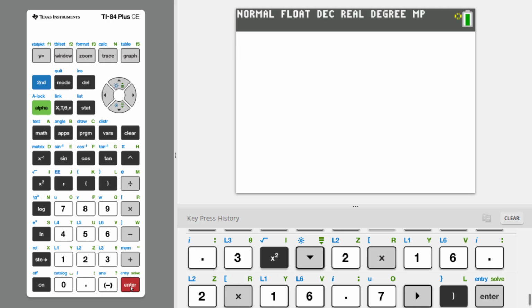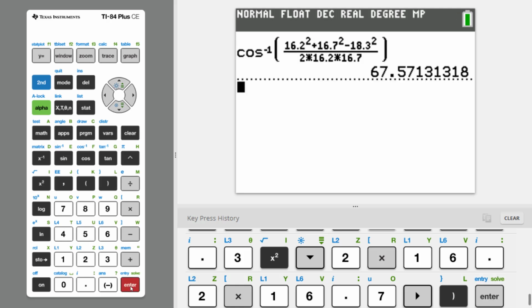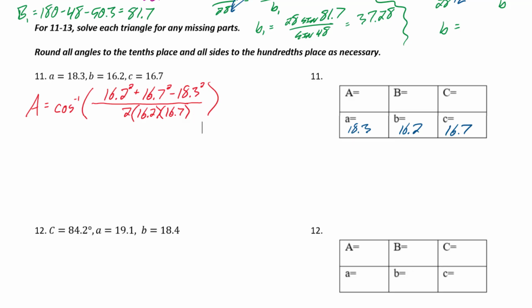Press enter, and it gives me that first angle that I'm getting here, 67 point, and I think in the instructions I had it to the tenth, so 67.6. So A equals 67.6 degrees. And may as well include that on my answer portion over here since I found it.